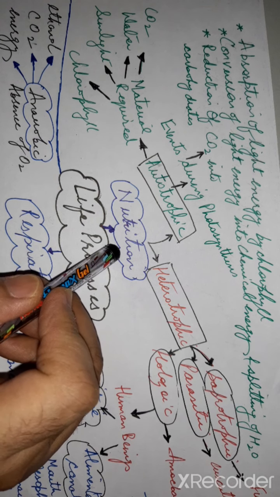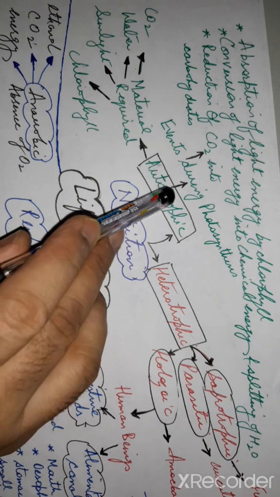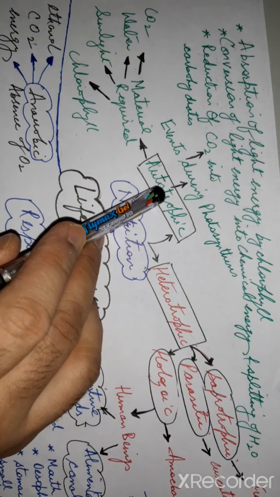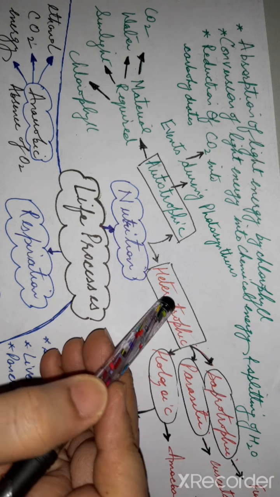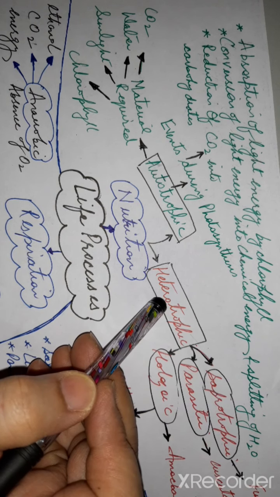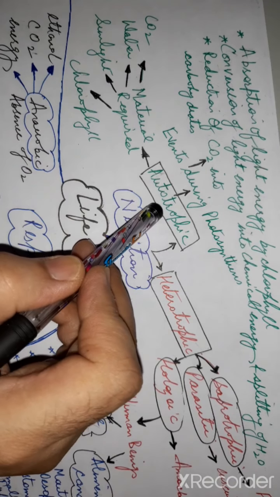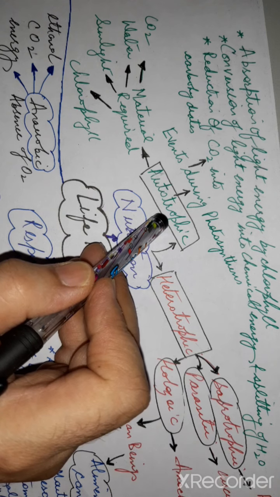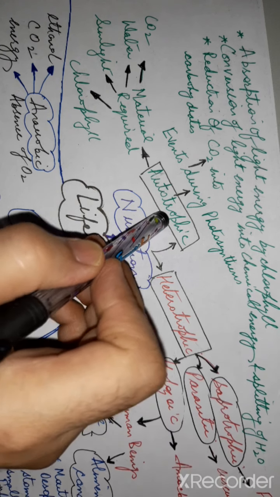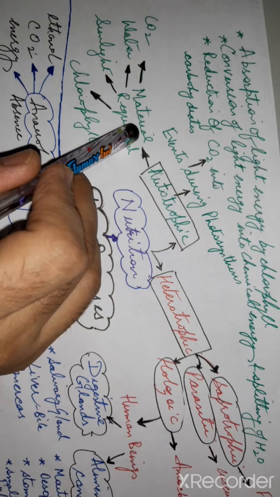In nutrition, you have read the 2 modes. One is autotrophic mode of nutrition and second is heterotrophic mode of nutrition. In autotrophic mode of nutrition, the green plants prepare their own food with the help of some raw material.